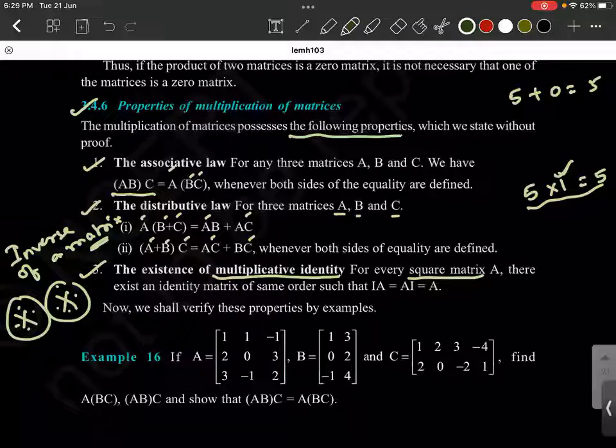Identity matrices are square matrices. For every square matrix A, there exists an identity matrix of the same order such that the product of identity matrix and A is the same as A into I, which is the same as A. This property is very, very important. If you understand this, you will be able to calculate the inverse of a given matrix.